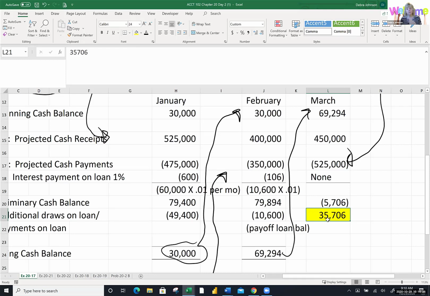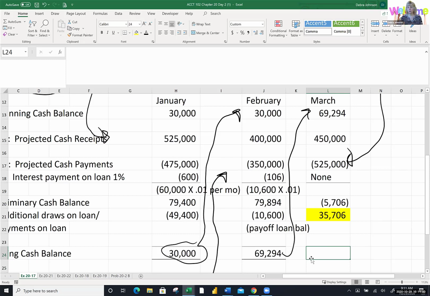What's that going to mean? That next month I'm going to have a big interest payment, because I'm having to grab from that line of credit that right now is at 0 and bring it up, so that when I foot this, I better have that $30,000 debt covenant. By the way, some of the penalties for not meeting that debt covenant, we described at the start of class.